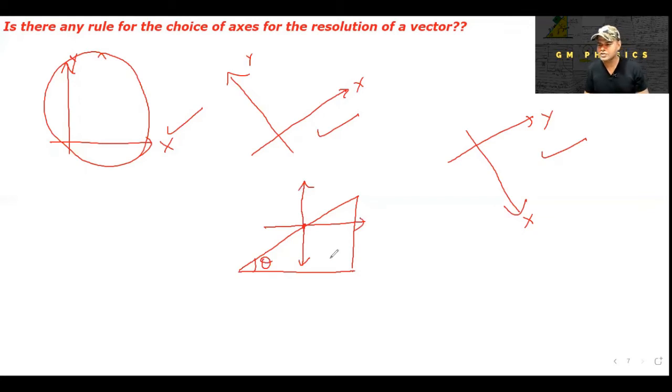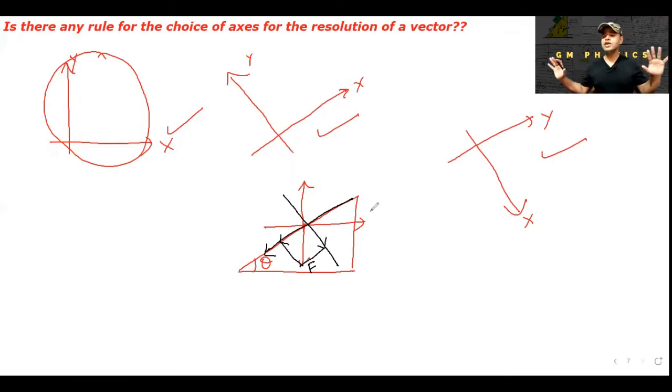You can, but this is not necessary. I can take this as my x-axis along the inclined plane and this as y-axis. And accordingly, I'll take the components of this force. Let's say this is the force vector. So I take the component along this x-axis. This will be my x component and this will be my y component.